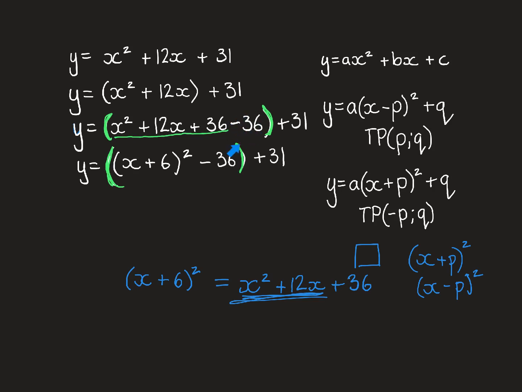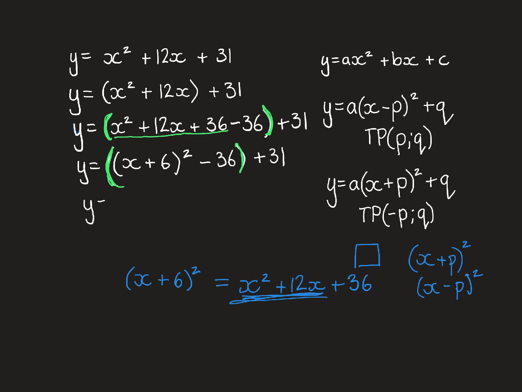I'm still left with that 36 on the side that I'm subtracting. Now that I'm over there, I can see it looks a little ugly, so I'm going to get rid of those brackets. One of the things that prompts me to do that is if I look at the turning point form, I don't have an additional set of brackets. So I do that by multiplying out.